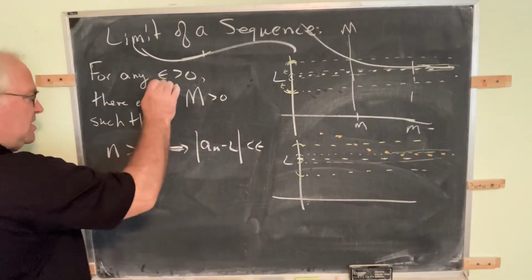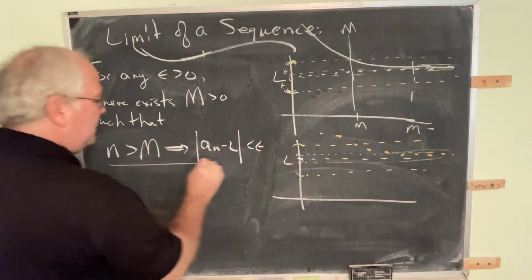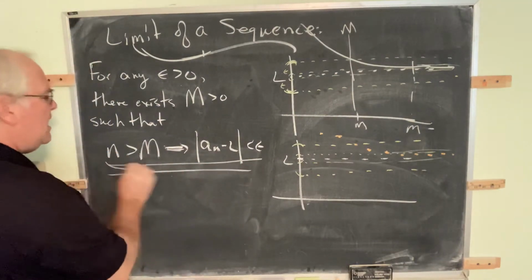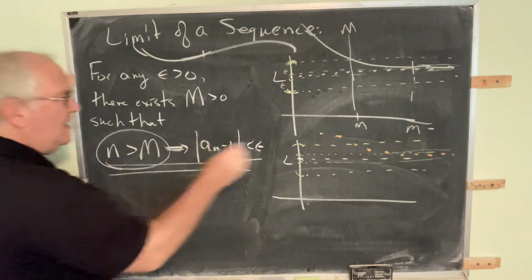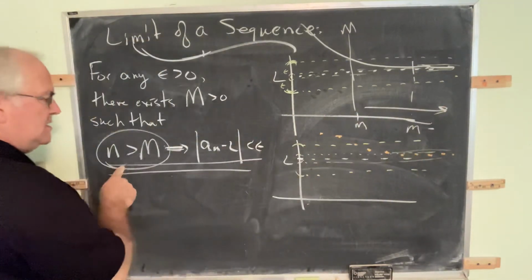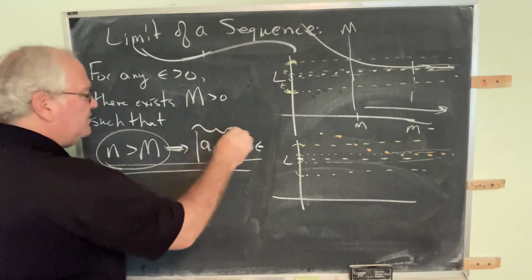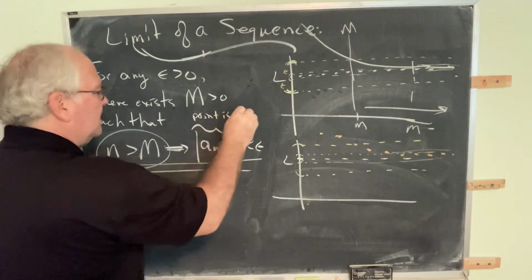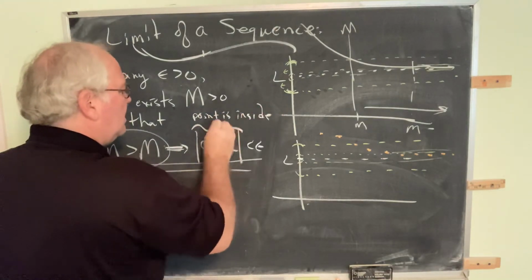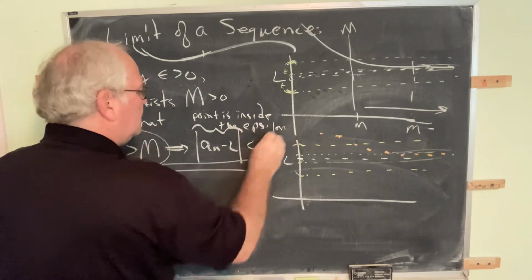But for any epsilon, there will exist an M, a point beyond which, and this is the fancy way of saying it, for all the points beyond M, the absolute value of a_n minus L, what this means is the point is inside the epsilon sleeve.